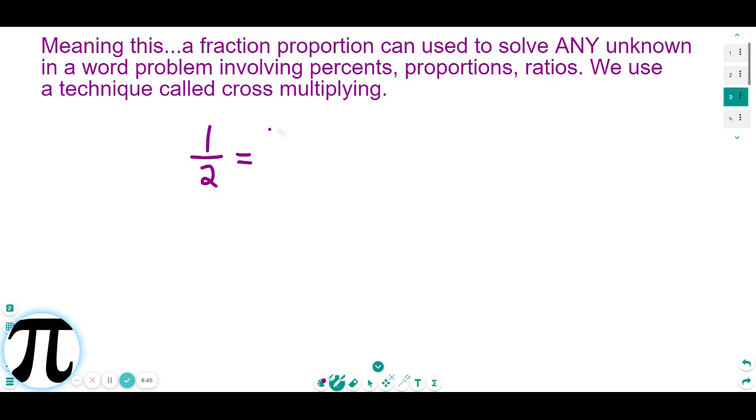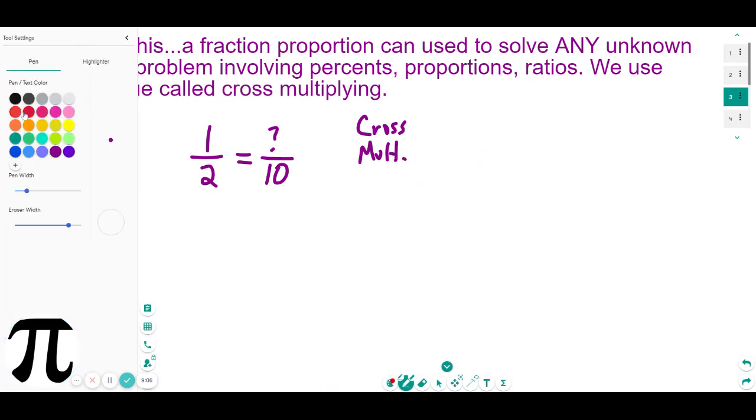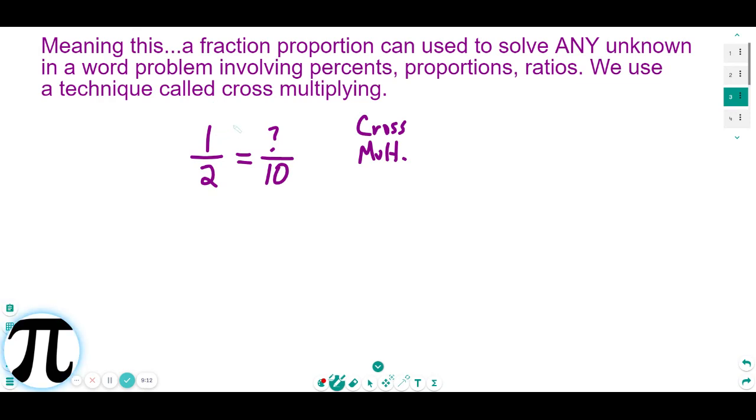Now, I know that question mark is supposed to be replaced by a 5, but let's figure it out through cross-multiplying. I'm just going to abbreviate this so I don't have to write out the whole word. You take the two numbers that are diagonally opposite; some teachers call this the butterfly method.